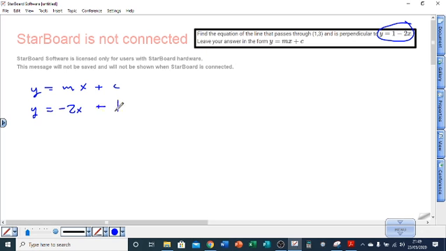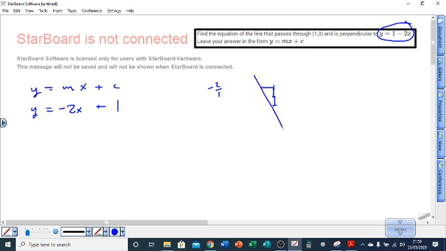So you can see this graph crosses the y-axis at 1, and it's got a gradient of minus 2. Minus 2 isn't a fraction, but you can make it a fraction, minus 2 over 1. And what that means is that you are going across 1 unit and you are falling 2 units, 1, 2.